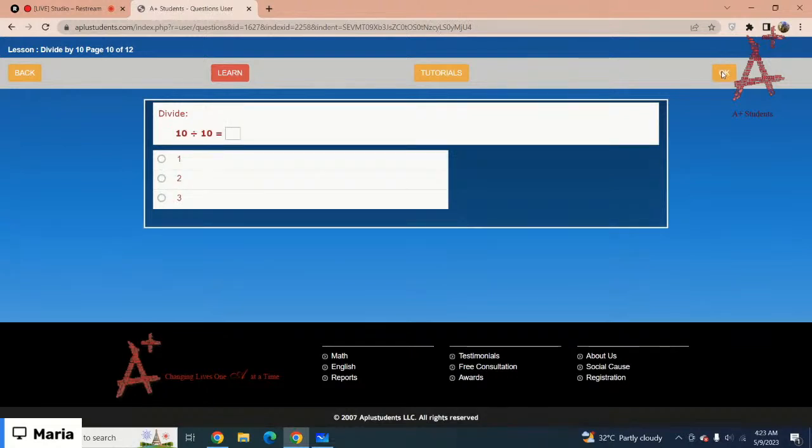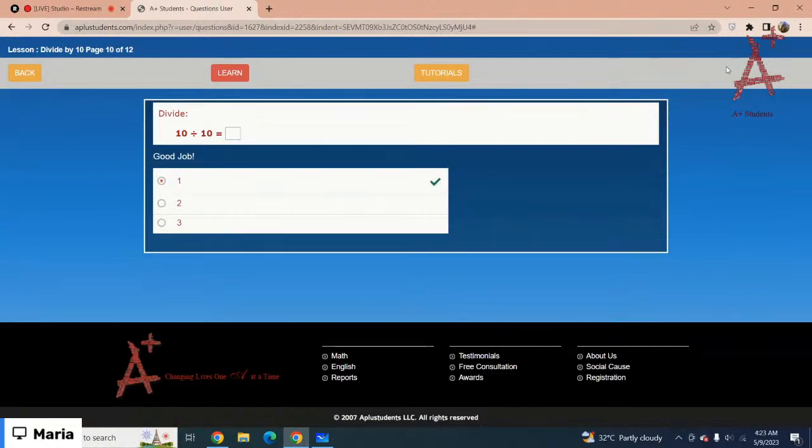Okay, 10 divided by 10. So which is the correct option? 10 divided by 10 equals 1, because 10 times 1 is 10. So it would be 1.